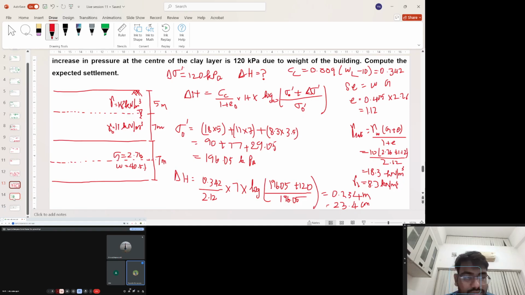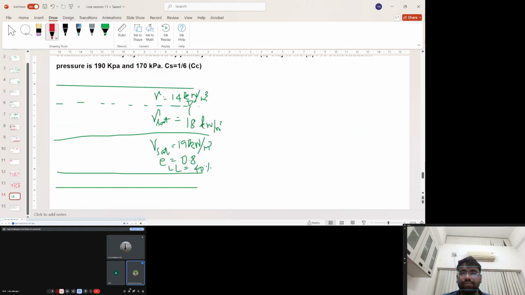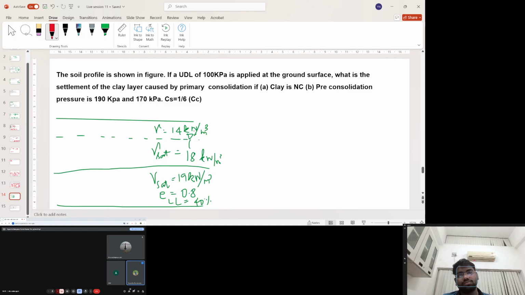So now coming to the next question. The soil profile is shown in the figure. If a UDL of 100 kPa is applied at the ground surface, so this is the UDL.